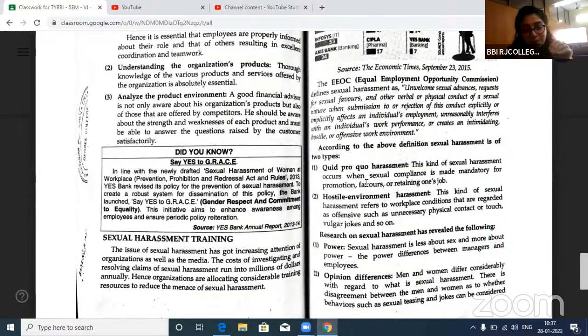If you are sexually harassing your women employees for that purpose, then it comes in this first type, which is quid pro quo harassment.